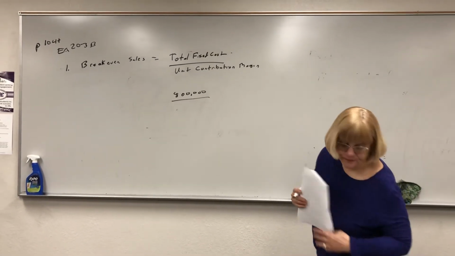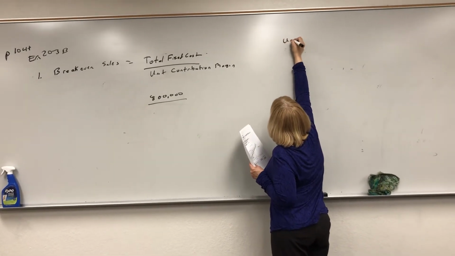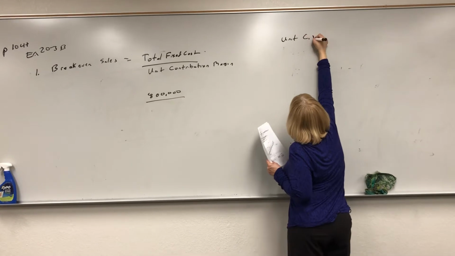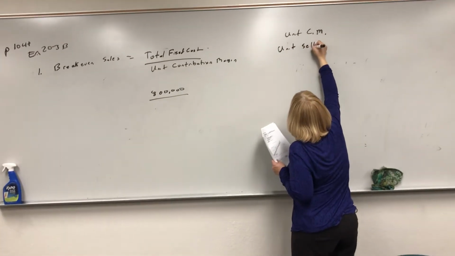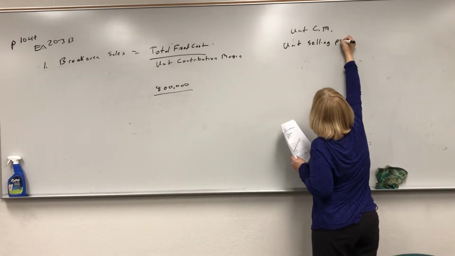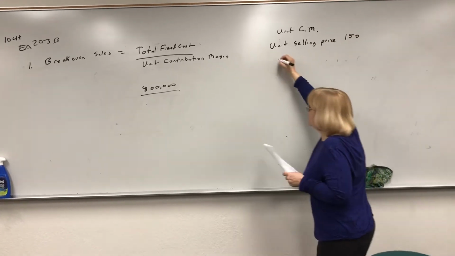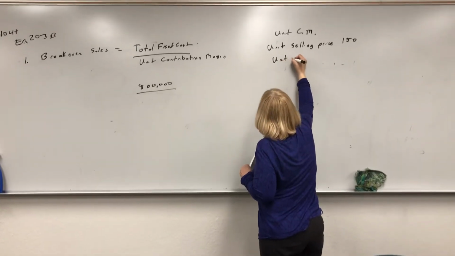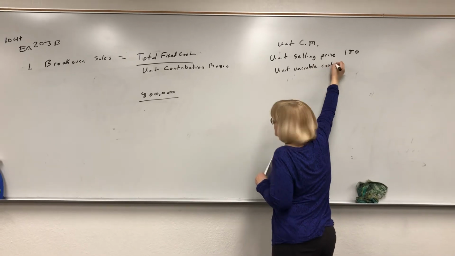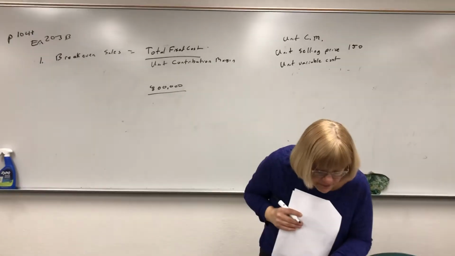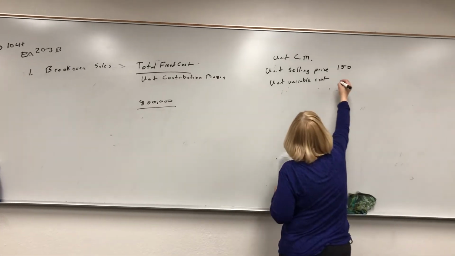So remember, to get unit contribution margin, it's your unit selling price, which is $150, minus unit variable cost, which is 110.